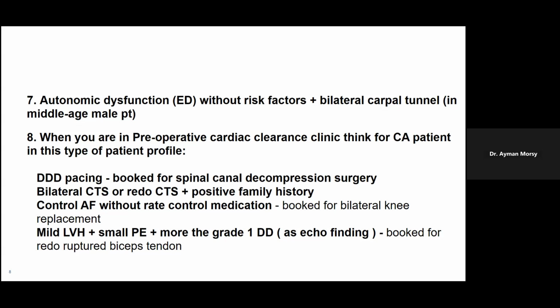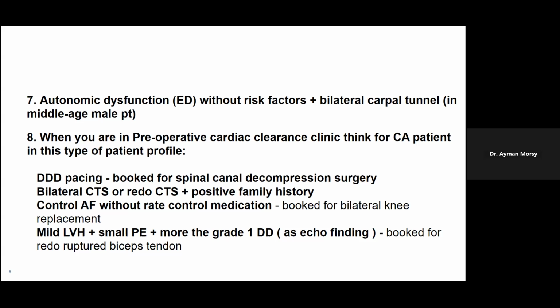If your patient came for cardiac clearance and has bilateral carpal tunnel syndrome or redo carpal tunnel syndrome, and he or she has a positive family history of carpal tunnel, think this patient may have cardiac amyloid. Patients with controlled atrial fibrillation without rate control meds, booked for bilateral knee replacement: this patient has a high possibility of cardiac amyloid.